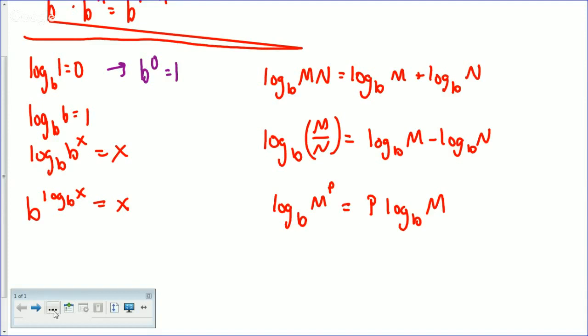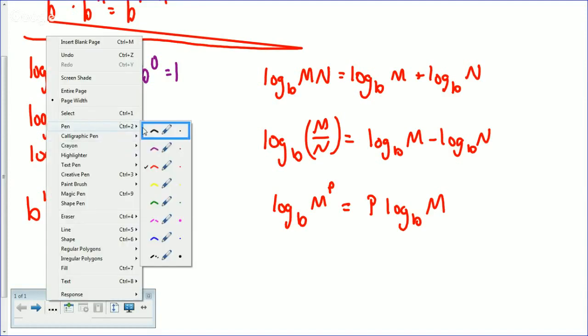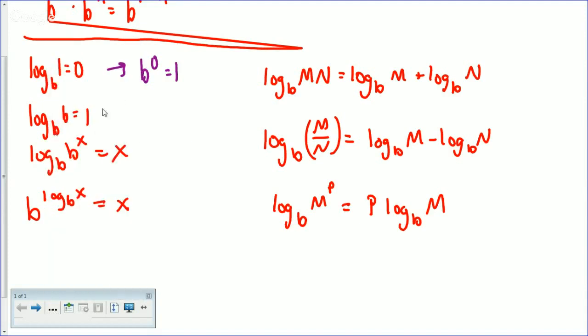Okay, if we go back here just a little bit, we can rewrite this one. This would be b to the first equals b, and we know that anything to the first power is itself. This one's a little bit more tricky to do, but let's go back to what we were talking about earlier, and that is that the base of the exponent and the base of the logarithm are canceling each other out, leaving us with x.